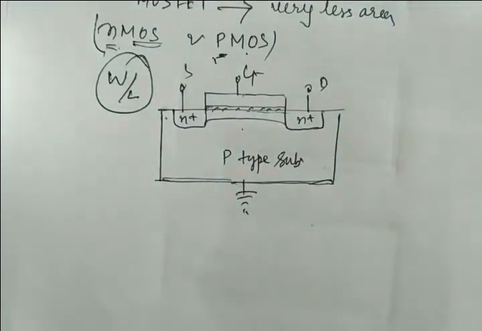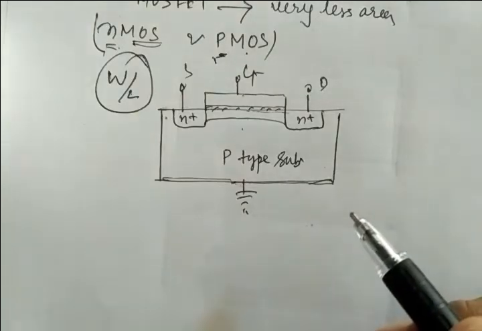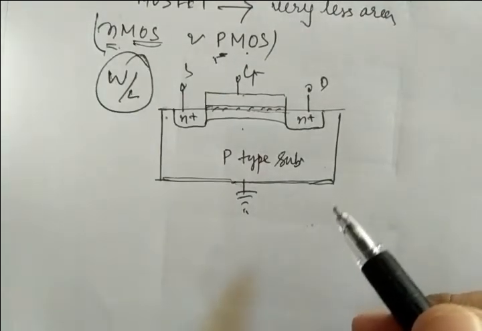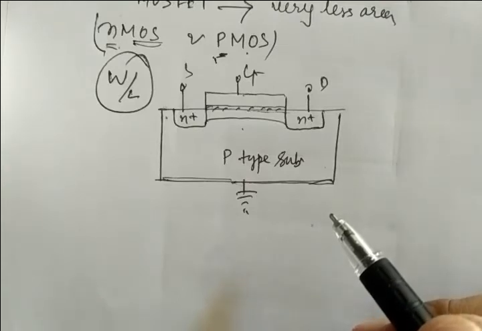I can share my video on nanoscience, nanomaterials and nano devices, because this is a new subject incorporated in your fifth semester. There I have clearly explained the scaling factors.